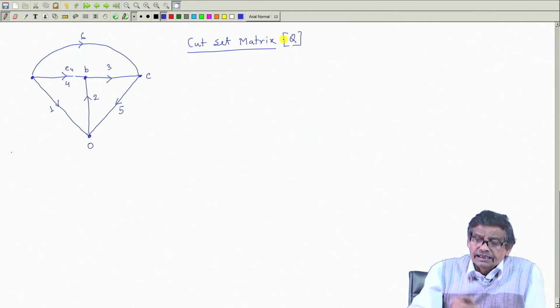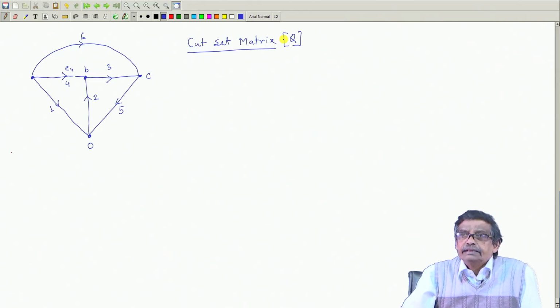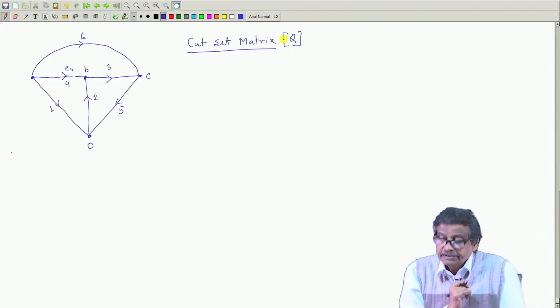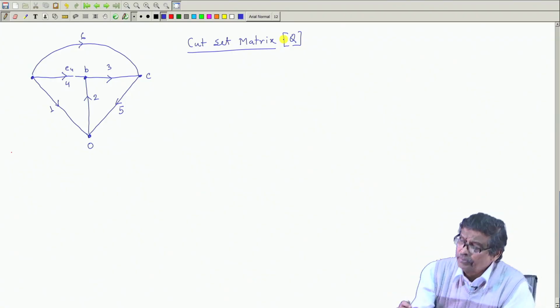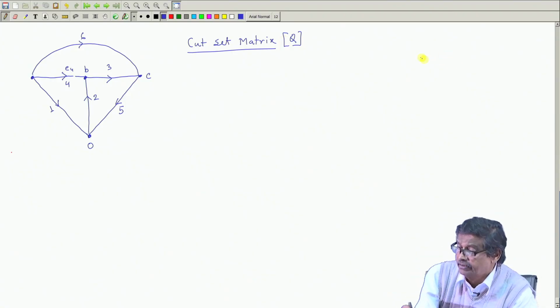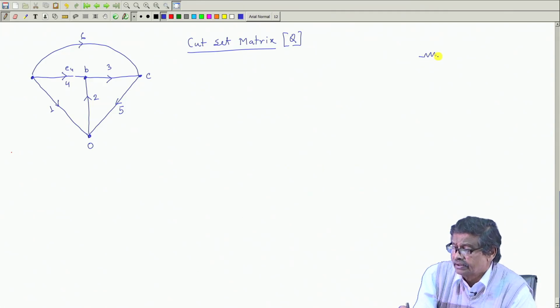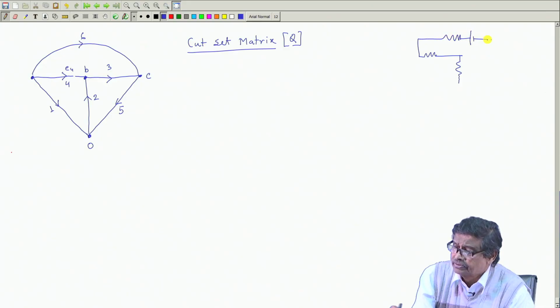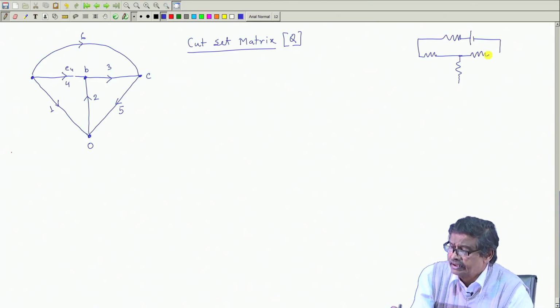It is once again writing down KCL only, but KCL not at nodes. To get the idea clear, suppose I do some rough work which I will erase. Suppose you have a network like this. There are resistances, maybe voltage sources. Try to get a feel of what I am trying to do.